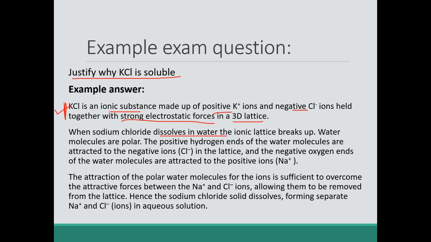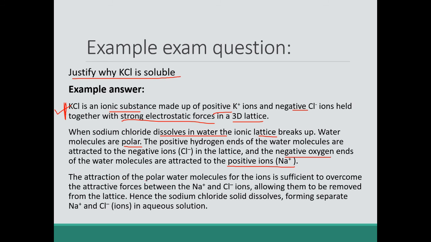The ionic lattice is going to break up. And the reason is that water molecules are polar. The positive hydrogen ends of the water molecules are attracted to the negative ions, the chloride ions in the lattice, and the negative oxygen ends of the water molecules are attracted to the positive ions.